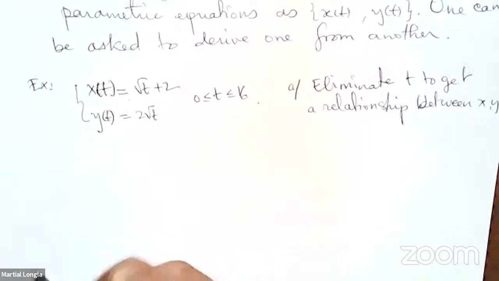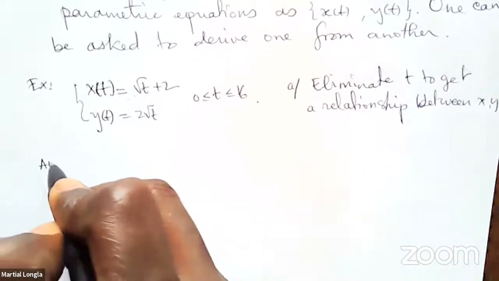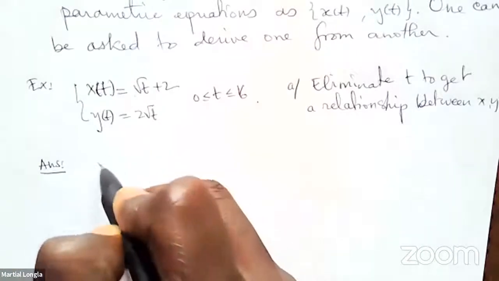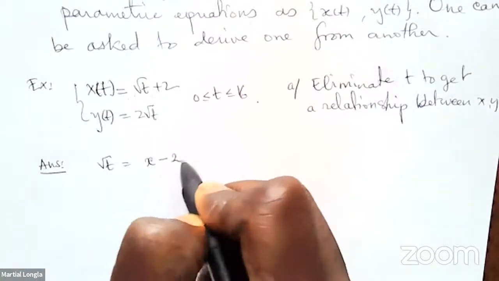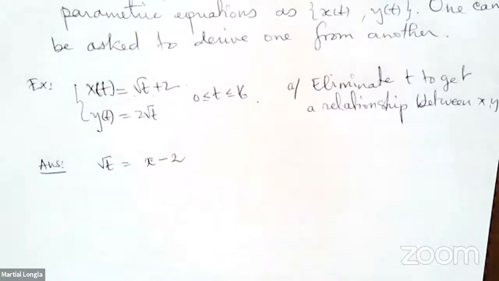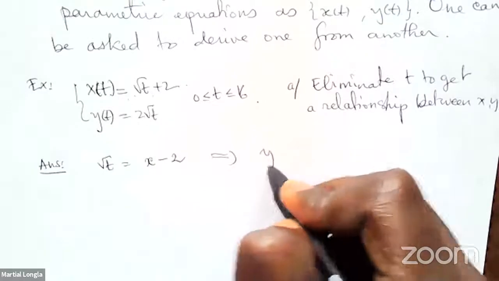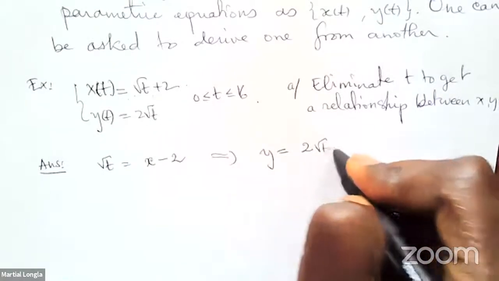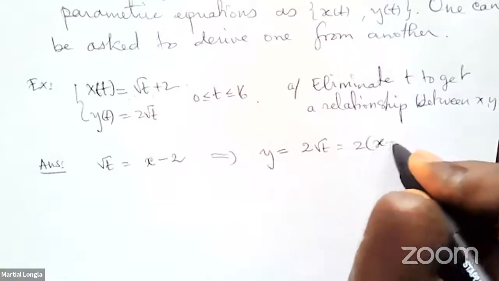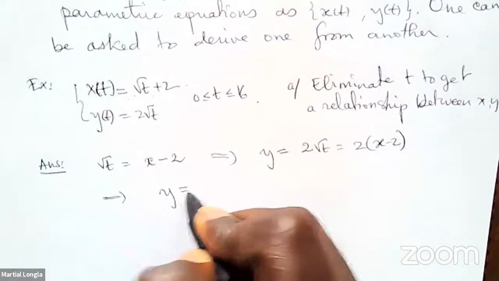On this specific example, I can solve here. I can find root t equals x minus 2 from the first equation. And I plug that into the second equation, I get y equals 2 root t, which is 2 times x minus 2.